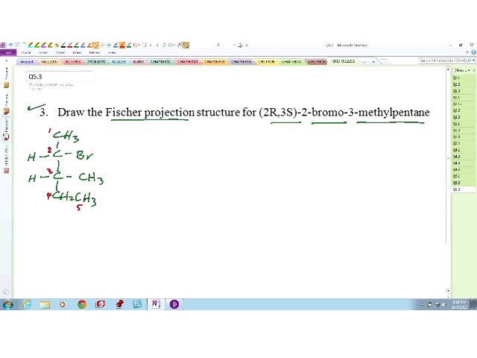Okay, where are the 2? Carbons 2 and 3. Very good, that is correct. So let us use the Cahn-Ingold-Prelog system to assign priority and then assign the absolute configuration for each of the chirality carbons.